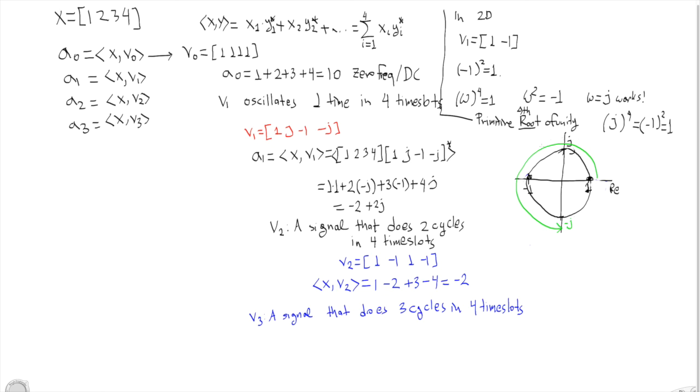So in the next time step, if I jump 3/4 of a cycle again, I am going to jump here, and this is going to be minus 1. And then again, if I jump 3/4 of a cycle from here, I am going to end up here, which is j.